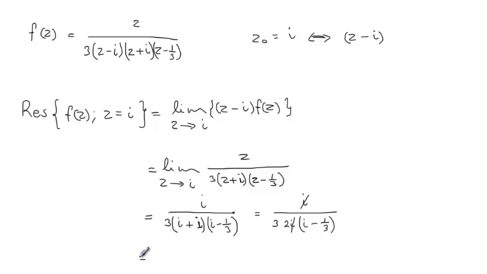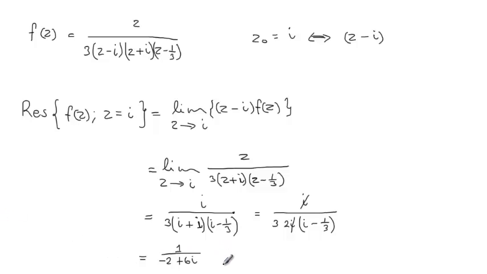Then we've got our final answer being 1 over −2 from multiplying 6i by −1/3, plus 6i. So that will be our residue.